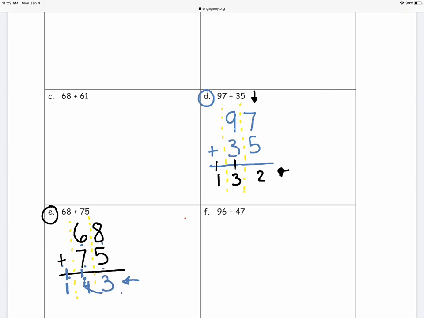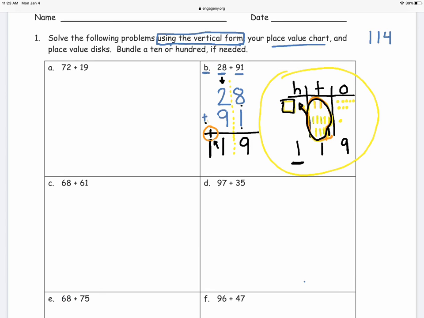Okay, so on your paper, when you turn this in, I should see this work. I should see the numbers stacked up, and I should see when you had to split the numbers, when you had to move the 10s or the hundreds over. Now, if you needed to, you can also draw in your place value chart to solve these.